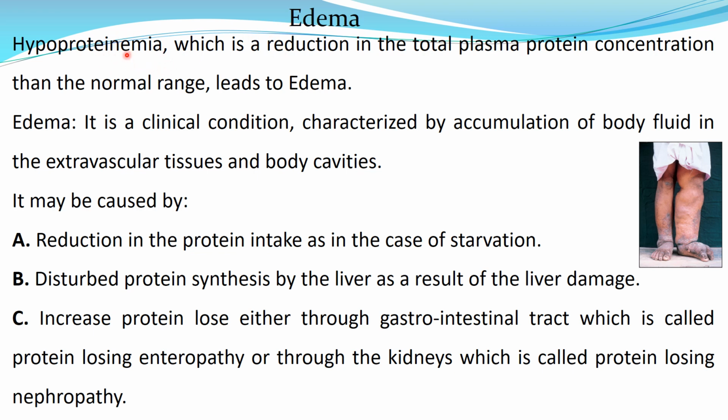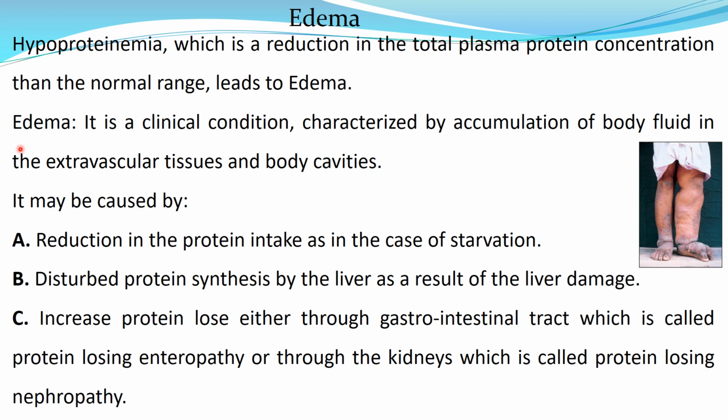When there is a reduction in the plasma proteins, this leads to changes in the plasma colloid osmotic pressure, the pressure which is responsible for controlling the extra and intravascular fluid flow.